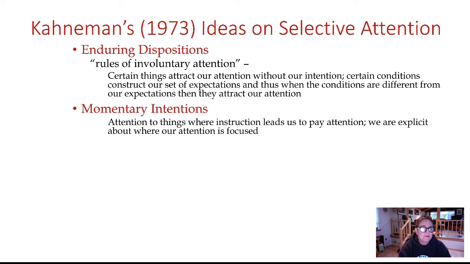We have a set of expectations for the way things are going to be, and those things attract our attention, essentially. But when something is out of the ordinary, then that's going to affect my enduring dispositions.